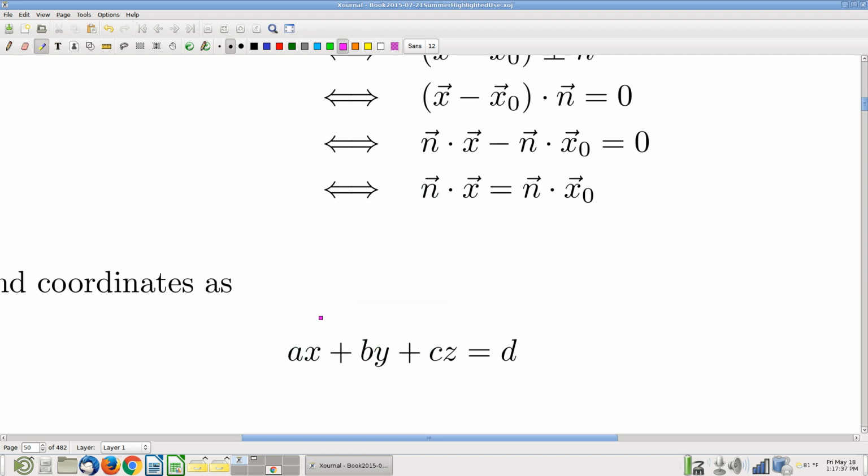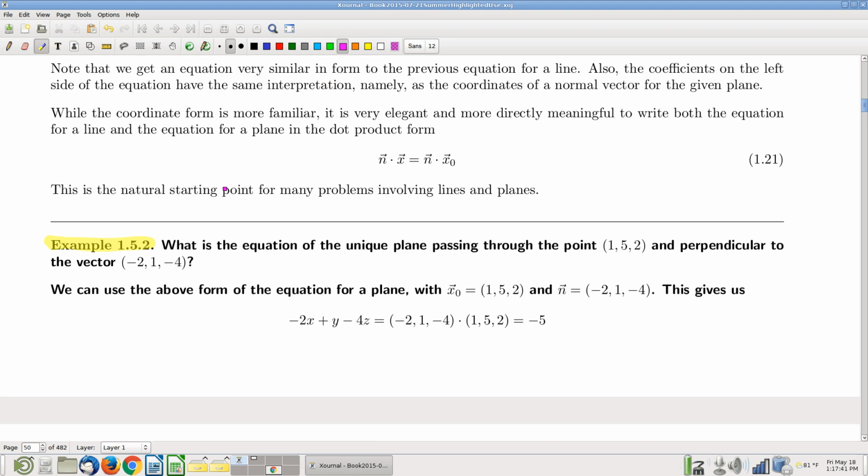Okay. Alrighty. So quick example, super quick. There's a unique plane that contains the point 1, 5, 2 and that is perpendicular to the vector -2, 1, -4. And it's just so easy to write it down.